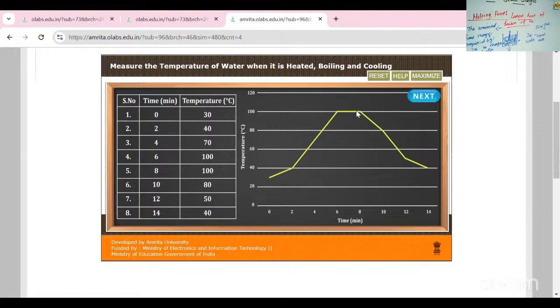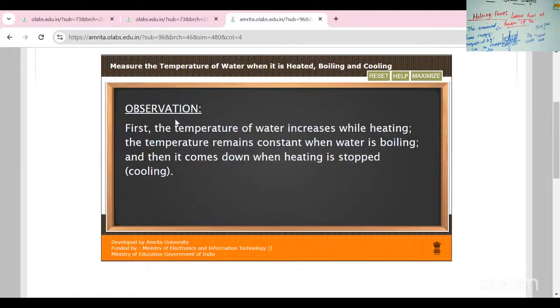At a certain point it is maintained in that area. After that it was decreased to the same level also. So the observation is: the temperature of water increases while heating. Temperature remains constant when water is boiling. There is no change in the temperature level. And then it comes down when heating is stopped. That is called cooling.